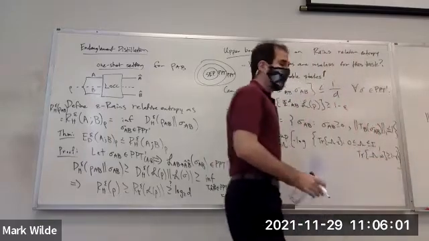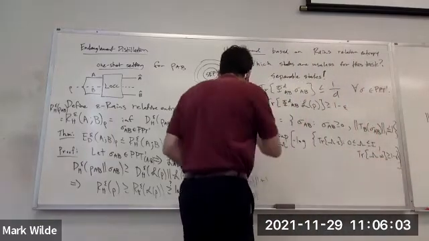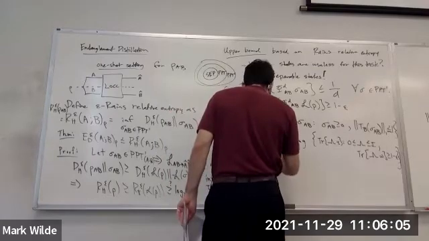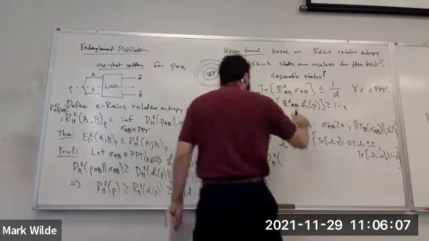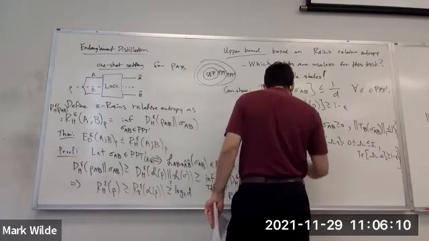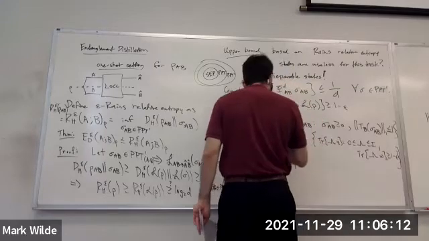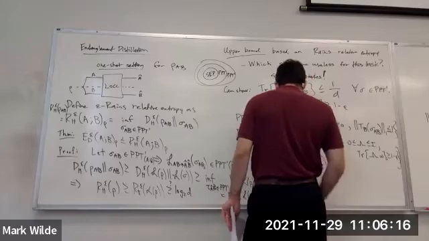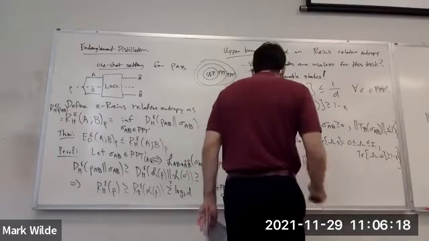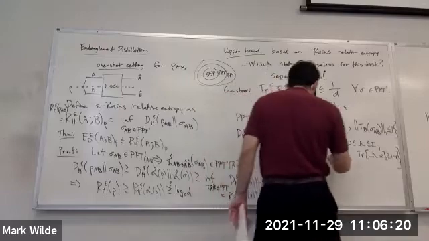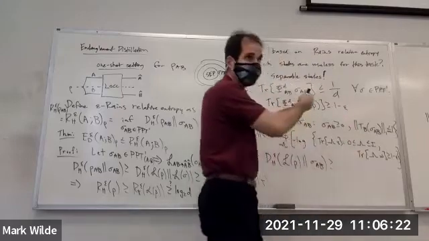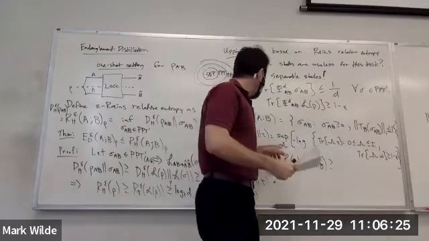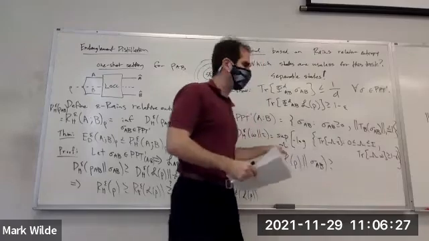Right? So if we plug in rho for omega, and we plug in sigma for tau, then a particular choice of lambda could be phi, the entanglement test, right? That's how you should always think of this operator. It's a measurement operator.